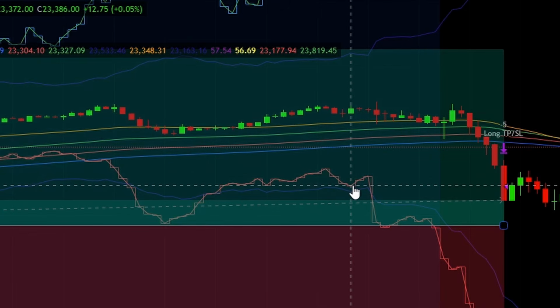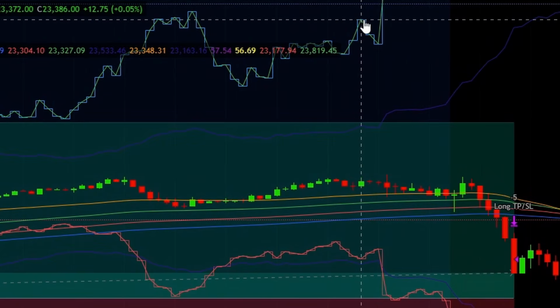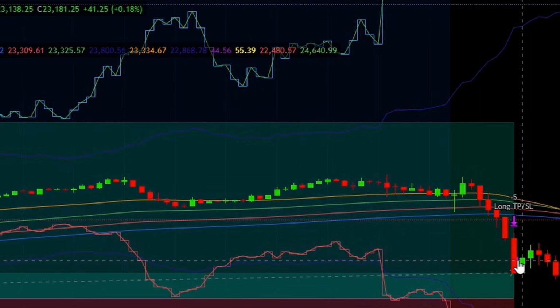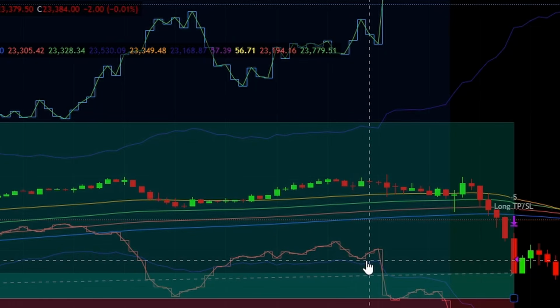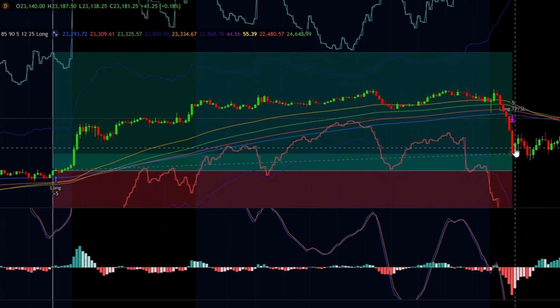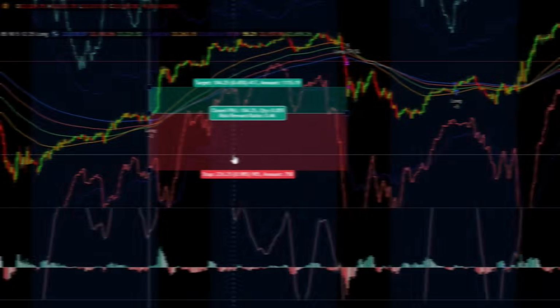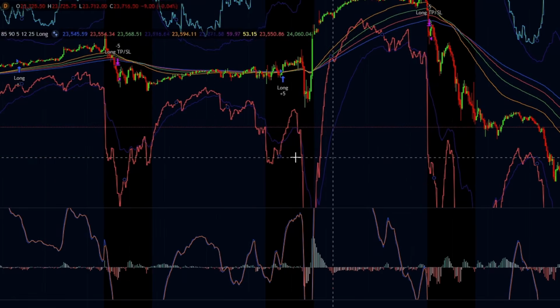So the new stop loss would have been updated to this level, and the new take profit to this level. And as you can see, the script exited the position right here, because it hit the new updated stop loss. However, this was a profitable trade, as we entered the trade right here, and exited there with the updated stop loss. Let's see one more trade example, then we will take a look at the backtest results.